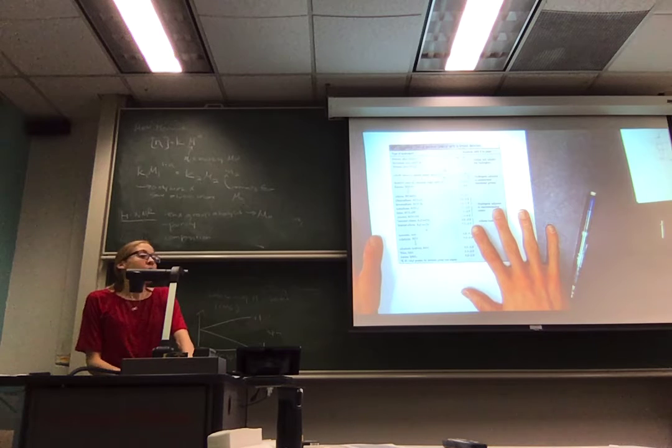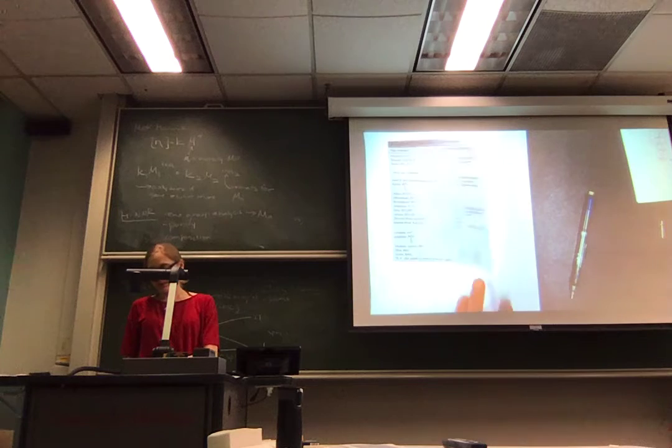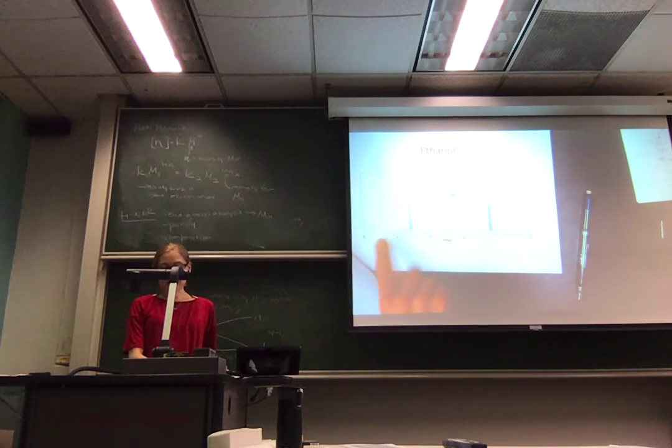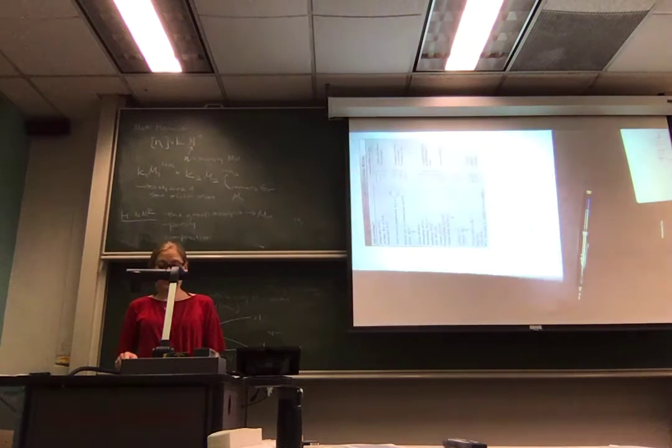So basically what you end up with is a spectrum that looks something like this. And where each of these peaks are tells you about the environment of the protons.